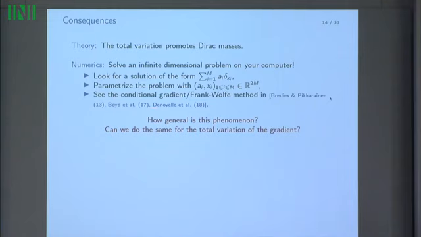Since you know that you're looking for a solution of this form, you can parameterize your problem by this, and then run a conditional gradient method or a Frank-Wolfe method, adding at each iteration a new atom, a new Dirac mass, to your solution at the current iterate.